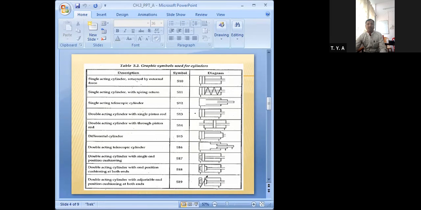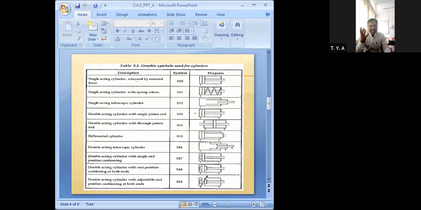A double acting cylinder with through piston rod, this one. Then differential cylinder, then double acting telescopic cylinder. Then this one, double acting cylinder with single end cushioning, then both end cushioning. Then double acting cylinder with adjustable end position cushioning at both ends.